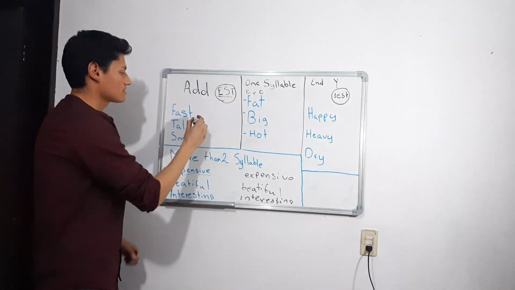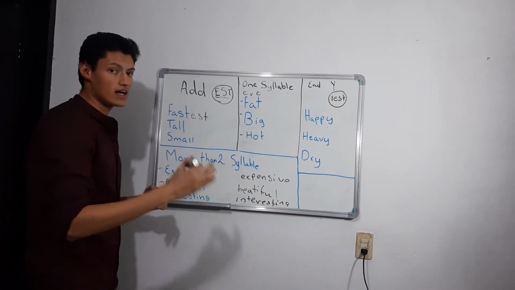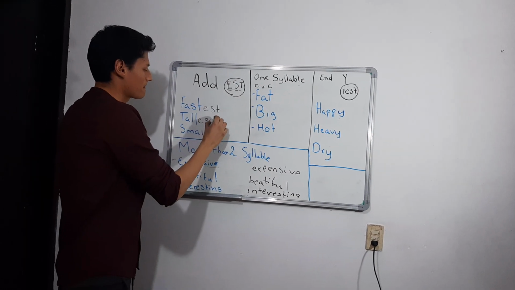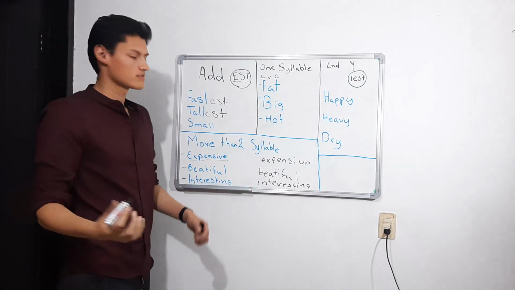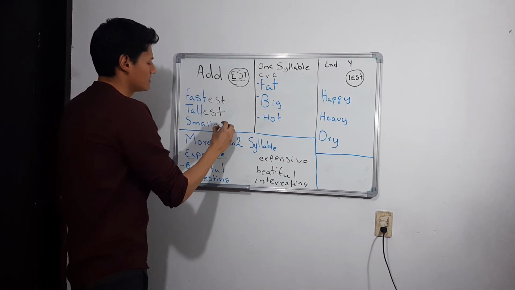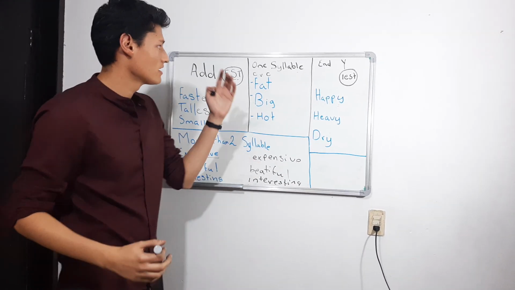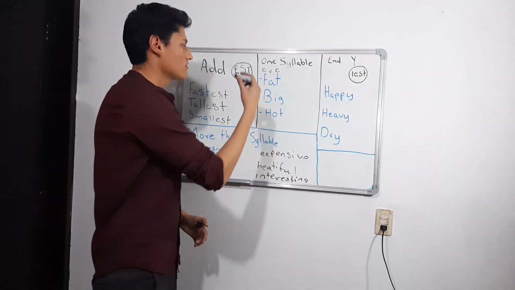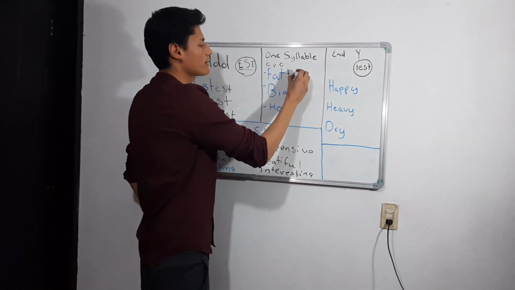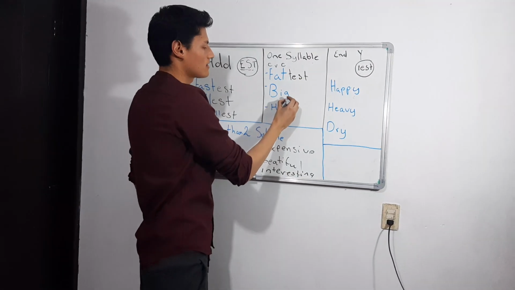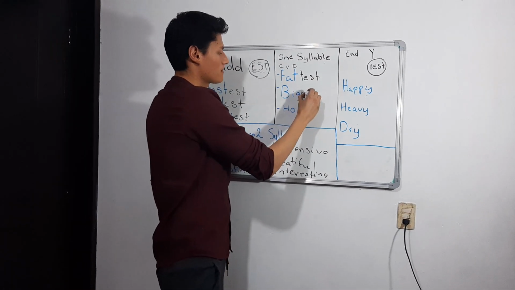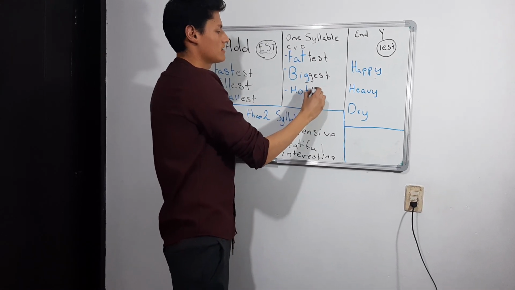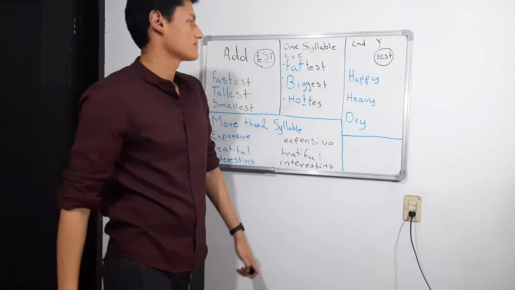Fast is fastest, the fastest car. Tall, tallest. Small, smallest. The same with this pattern: fat, fattest; big, ends with g, biggest; hot, ends with t, hottest.